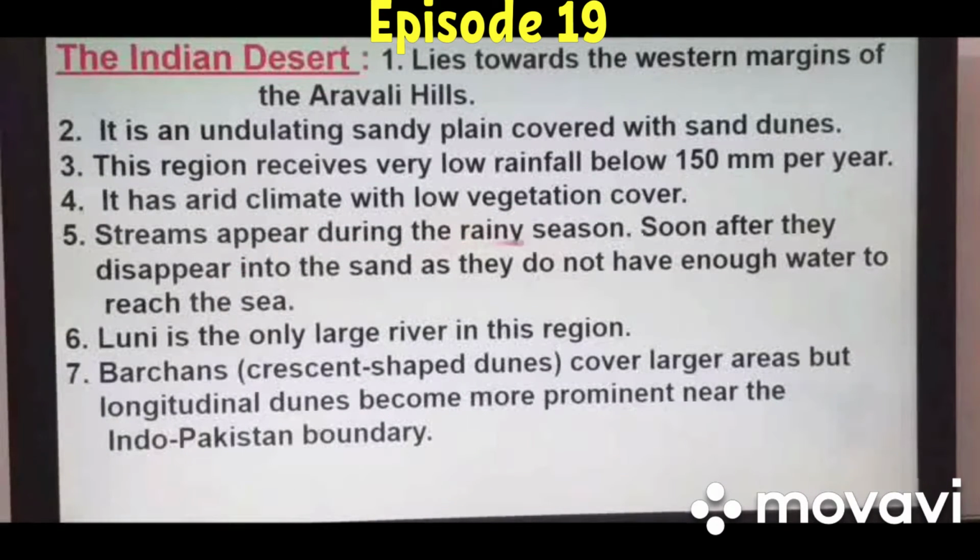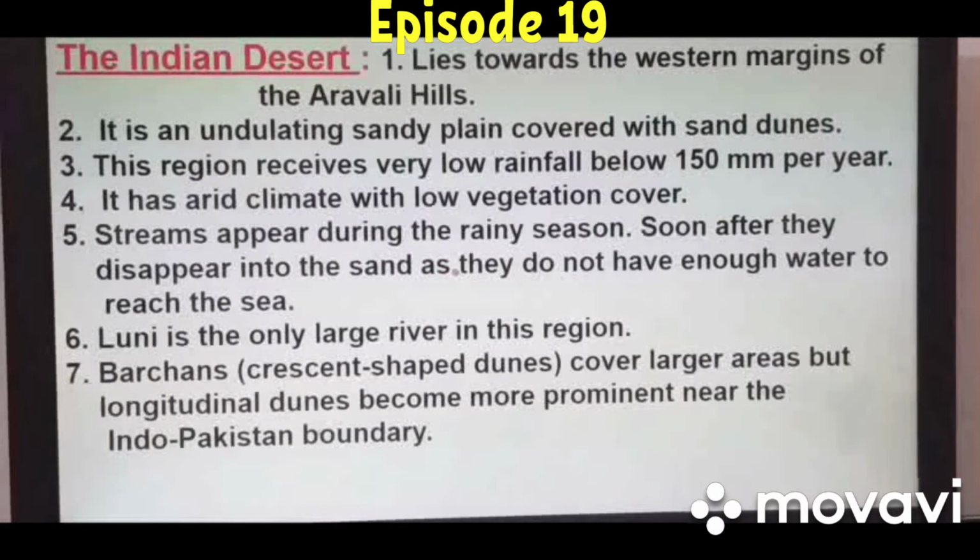Streams appear during the rainy season. A number of streams originate when there is a good amount of rain. At that time some local rivers we can notice, but soon they disappear into the sand.